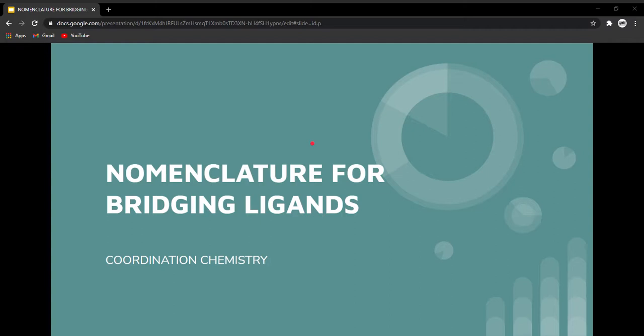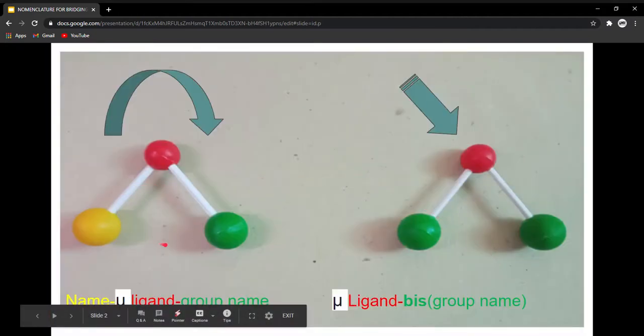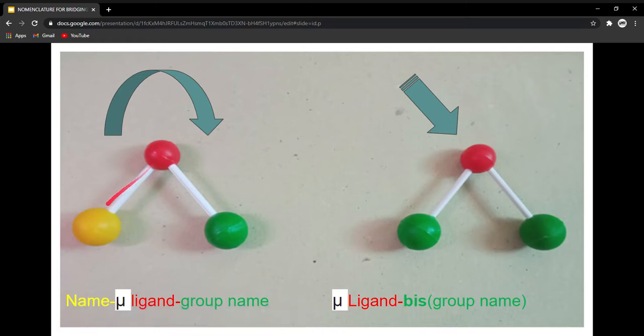Okay, so the first case is this one. Here, the red balls are the bridging ligands, and the yellow and green are the two different groups attached to this ligand. Since they are different, how should I give the name? Whenever everything, the groups and ligand, is different, you just give the name from left to right.